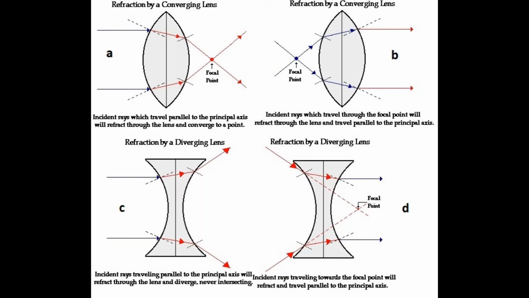So if we look at diagram A and diagram B: for A, parallel rays coming into the convex lens will converge to a focal point. And in diagram B, starting from the focal point, the rays will come out as parallel rays.